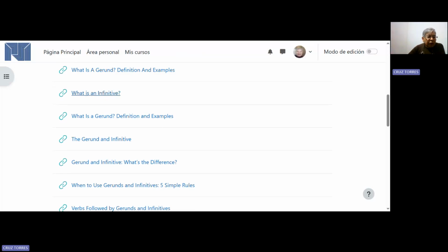Now, what is an infinitive? Let's look at the meaning of infinitive. What are infinitives? Infinitives are formed from verbs, but they function as a noun, adjective, or adverb, and they are made up of two words, to plus verb.